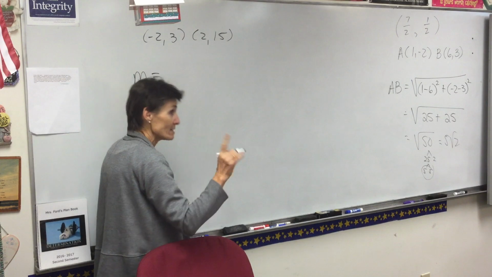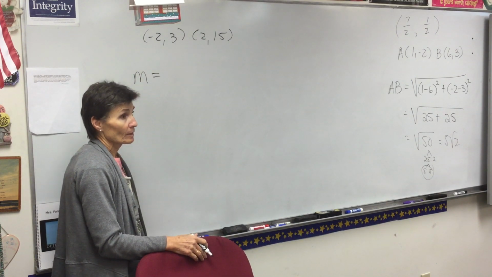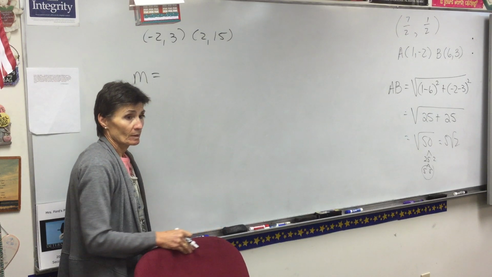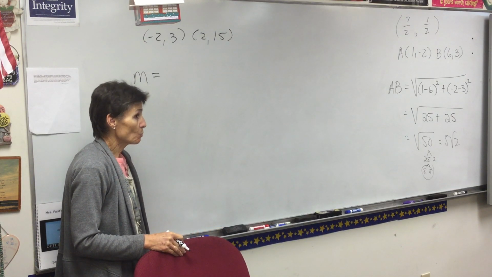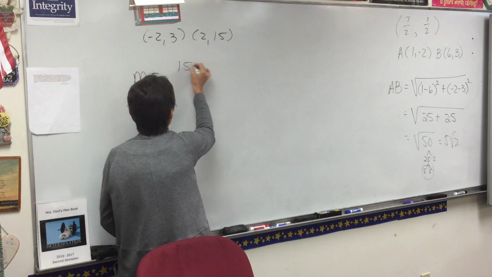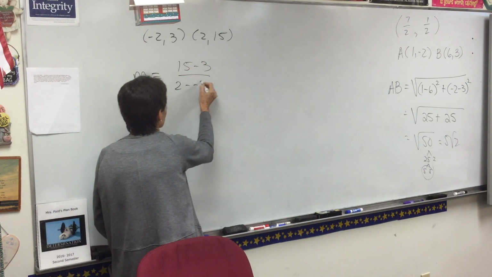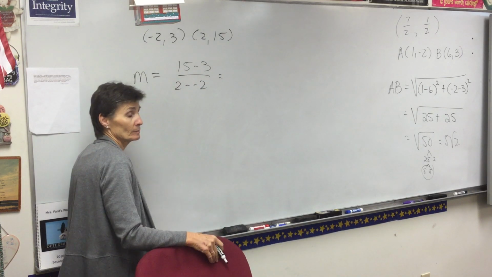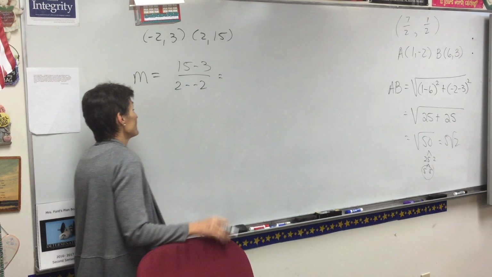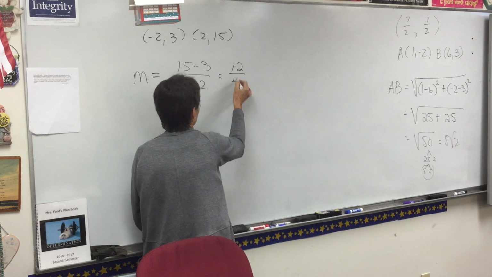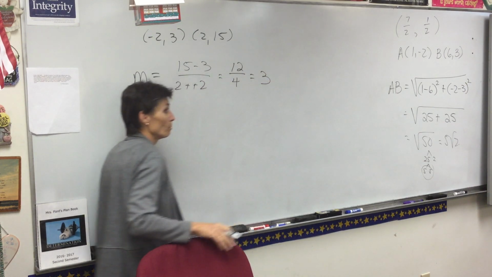Now the slope is a fraction. How do we do that? Y minus y, so 15 minus 3, over 2 minus negative 2. I got a slope of 3.